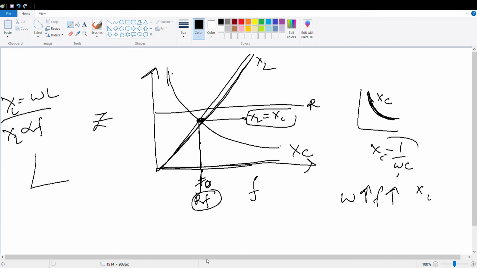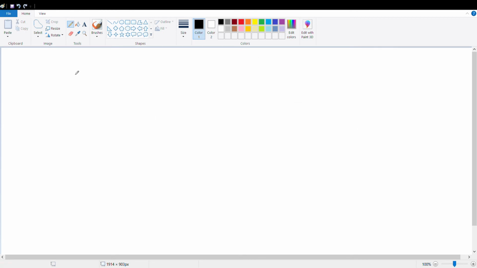Can you explain it again, sir? Okay, so what we are trying to find out is the resonant frequency. So I plotted the graph between XL and F. To plot the graph, what is XL?